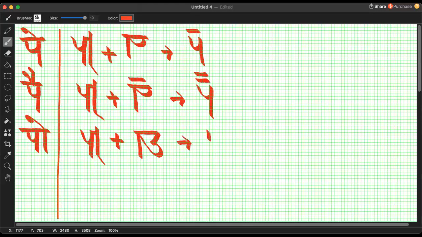And how do we write that? The matra for this is just a small line, and for this it will be two lines. Then for po, you write first po, and on the right side, you draw a small line. On the top, you make this three connected to it. This is po.